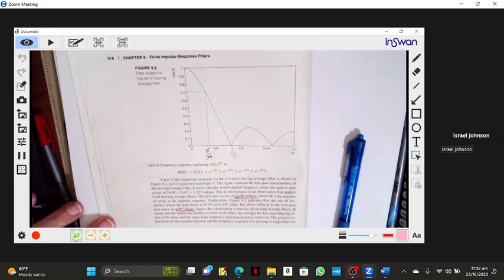The magnitude starts to descend. That's when the magnitude starts to descend.